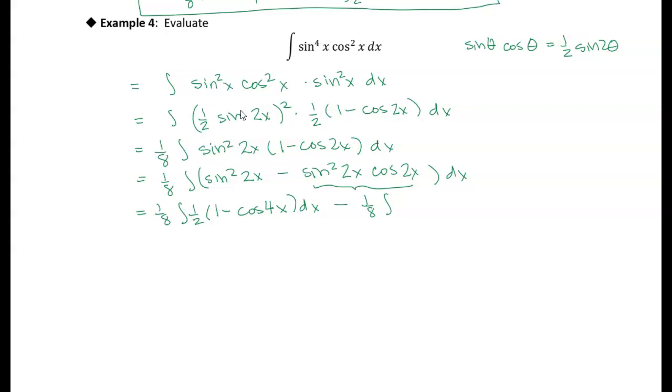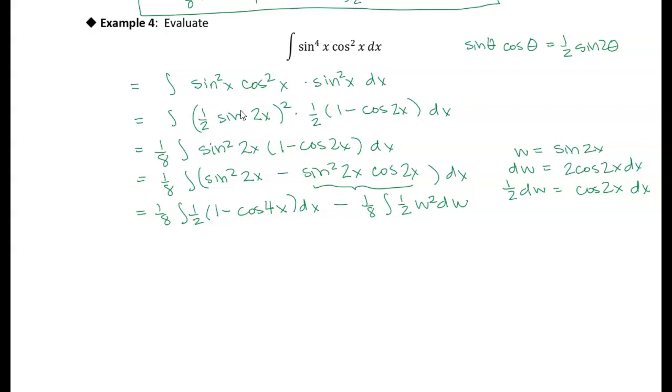Like I just said, w is equal to sine of 2x, so dw is equal to 2 cosine of 2x dx. I don't have 2 cosine, I have 1, so I'm going to divide both sides by 2. So I get 1/2 dw is equal to cosine of 2x dx, and I can replace this thing with 1/2 w squared dw.